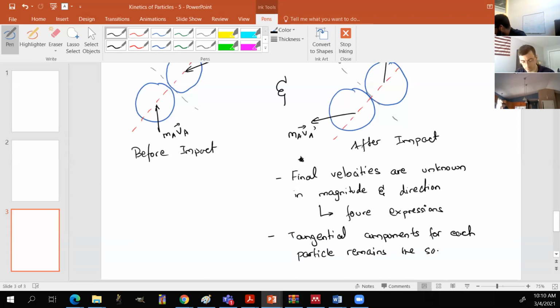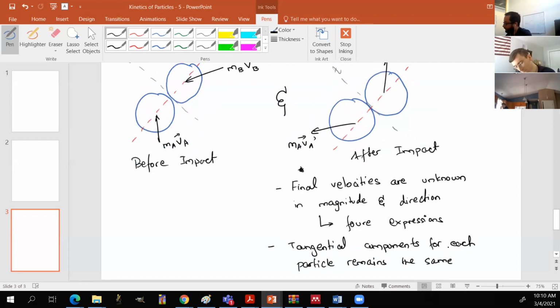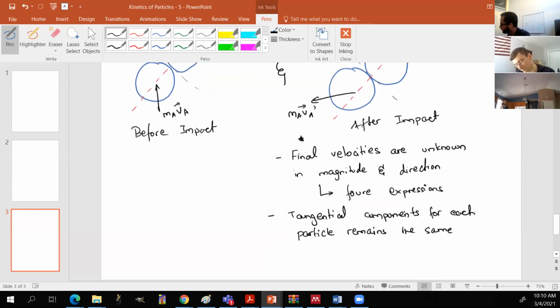So if I'm taking my component of VA in this tangential direction and of VA prime in this tangential direction, they remain the same, right? So you need 4 expressions.